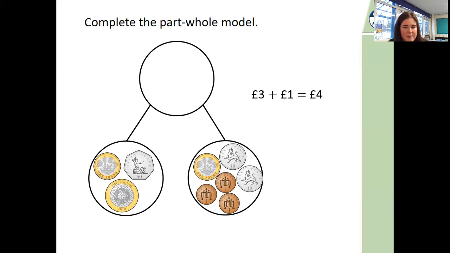Next we have 50p in one part and 23p in another part. So 50p add 23p equals 73p. Combine those together and we have got £4 and 73 pence.